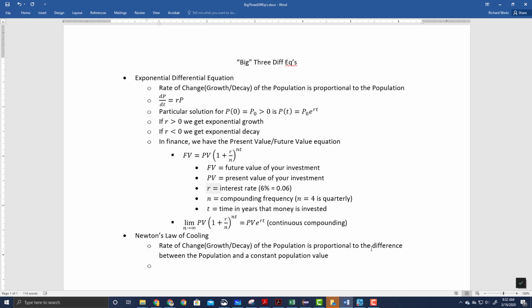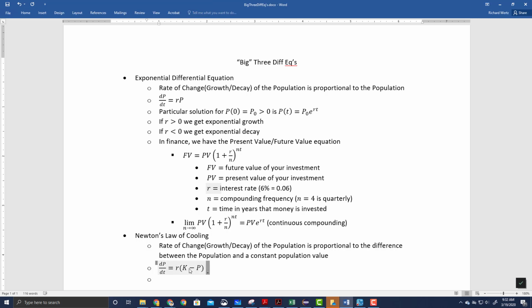To give you the equation, it's very similar, but rather than being proportional to the population, you're proportional to some constant minus the population.